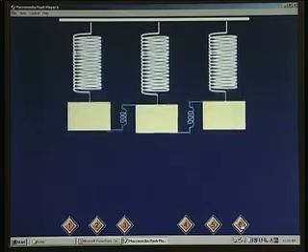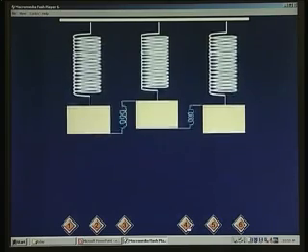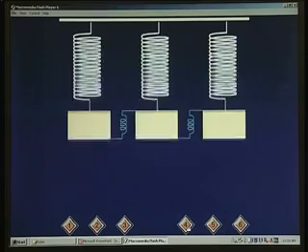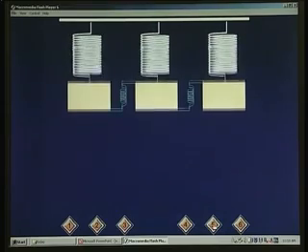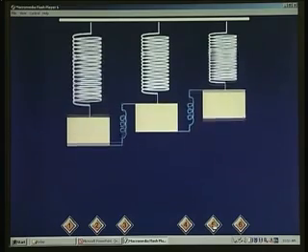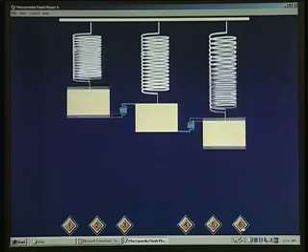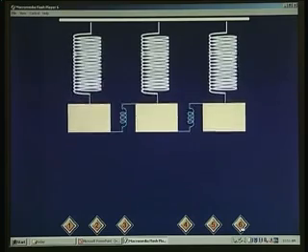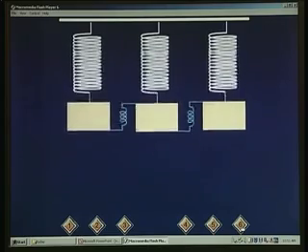Let me play the 3 modes again. This is one mode of oscillation. This is another mode of oscillation, a higher frequency, and this is another mode of oscillation, an even higher frequency.